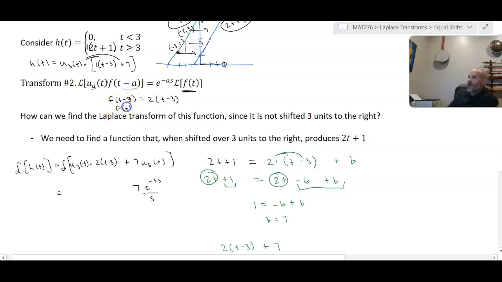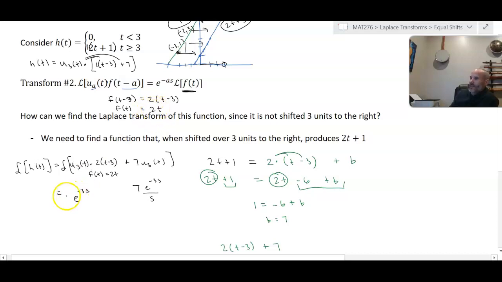So f of t just means, take the t minus 3 and replace it with t. So this function's f of t is 2t. According to this formula, the Laplace of that Heaviside times that shifted function is e to the negative as times the Laplace of the unshifted version of your function.